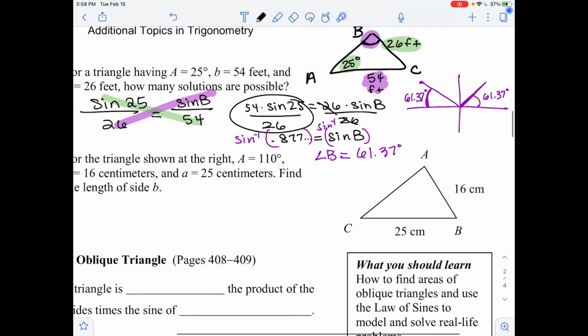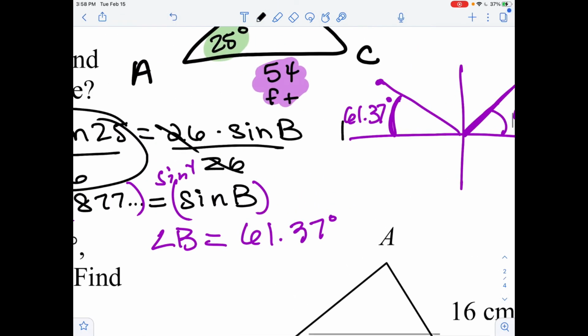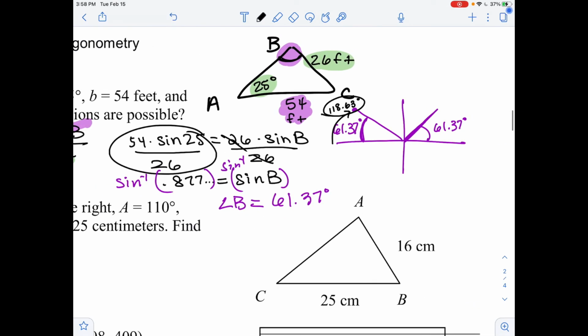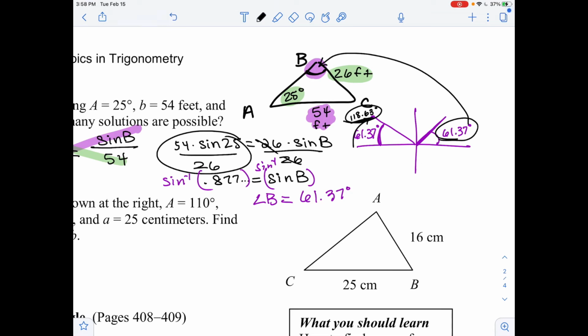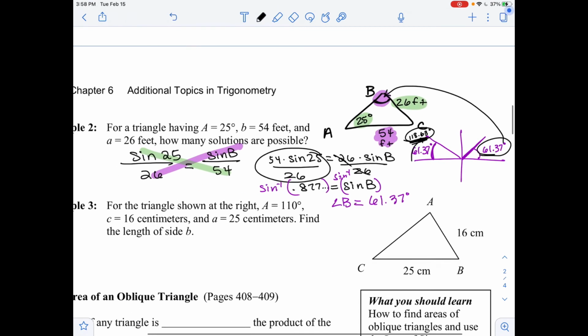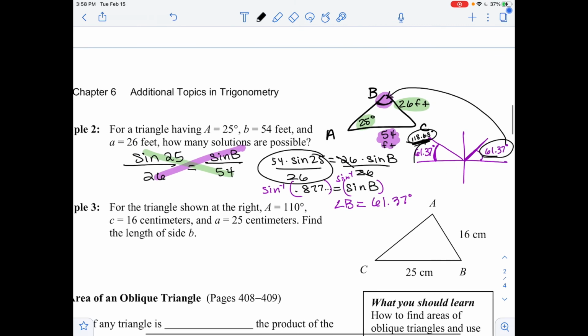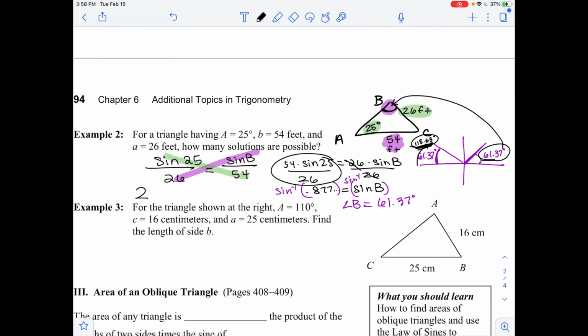Well, we do 180 minus it, and we get 118.63 degrees. So we have two options. It could be 118 or 61.37. We know for sure that 61.37 is not going to be a problem, but we also have to make sure that 118 degrees is going to work. So here, there are two possible solutions.